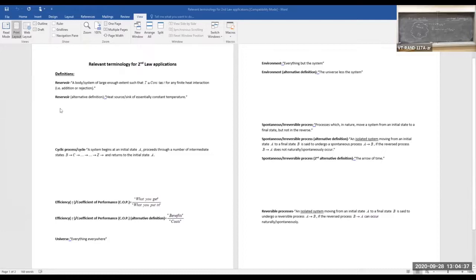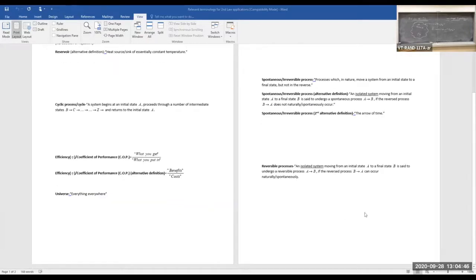Okay, so we've talked about reservoirs, cyclic processes, the universe, the environment, and now spontaneous, irreversible processes. Reversible processes. An isolated system moving from an initial state A to B is said to undergo a reversible process if the reverse process B to A can occur naturally or spontaneously.